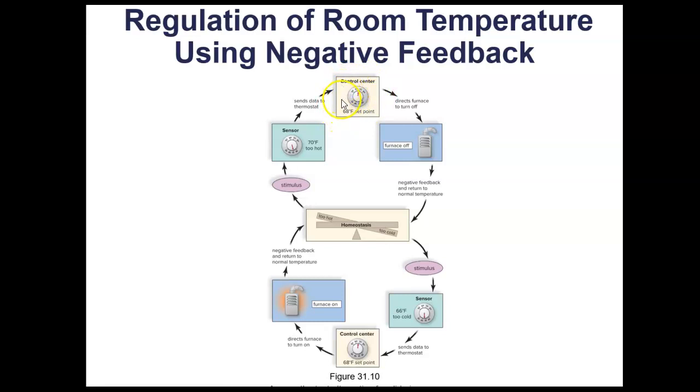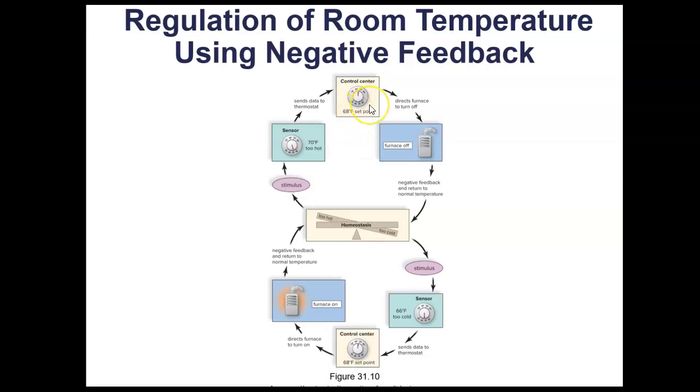It sends the data to the thermostat, which is the control center. And the control center is set, so some people like it 68 degrees, some people set it at 70 and higher. I don't understand that, but all of us have a different set point. In this case, the set point is 68. The temperature has gone above 68. So now the control center has to decide what to do. There are two effectors in the house: either the air conditioner or the heater, or the furnace.